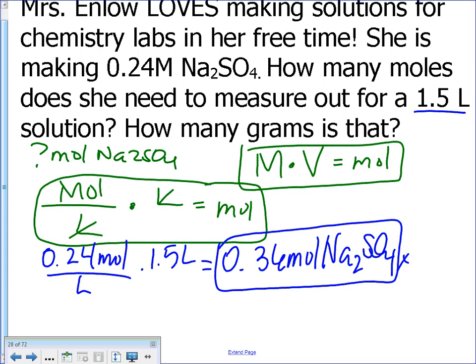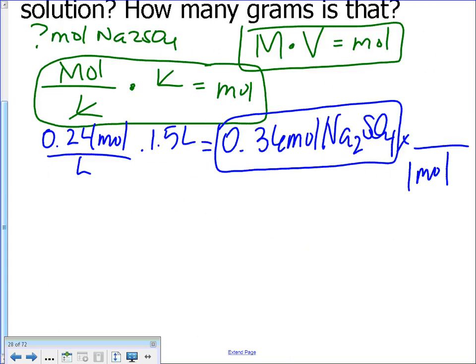Sulfur is 32.06. Oxygen is 16. That's 142.05. We're going to convert to grams, so we have to have moles in the bottom to cancel. So 142.005 grams of sodium sulfate per mole.